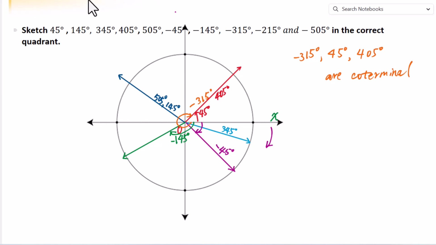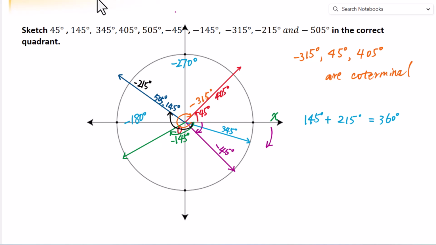-215 degrees. This is -270 degrees, -180 degrees. Since 145 degrees plus 215 degrees equals 360 degrees, this is -215 degrees.